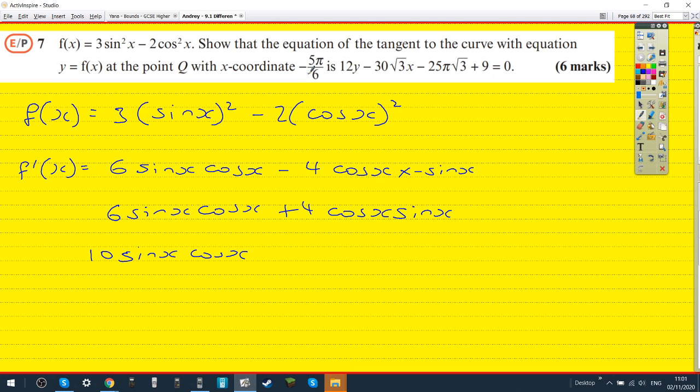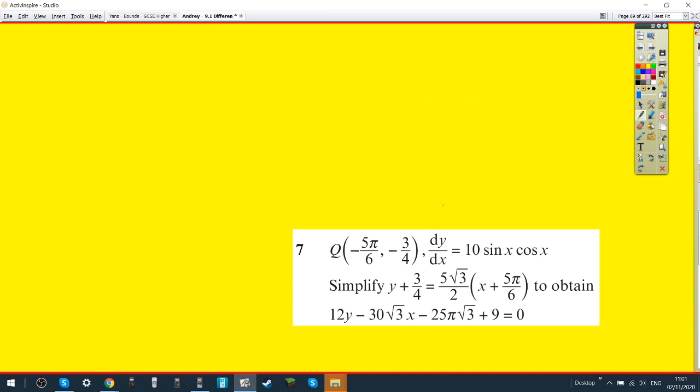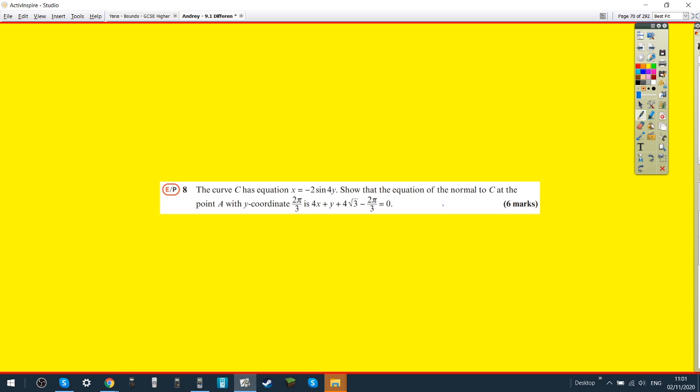The x coordinate is minus 5 pi over 12. So you sub in minus 5 pi over 12 and you just keep it in exact form. That's another sine one. I'm pushing my luck. What is the derivative of sine 4x?